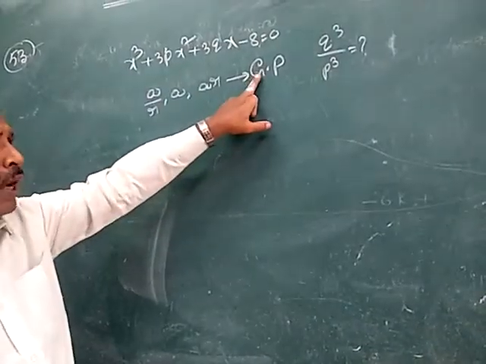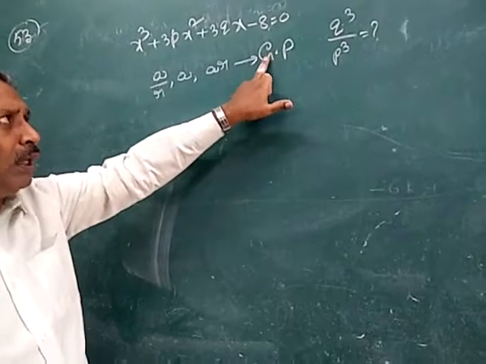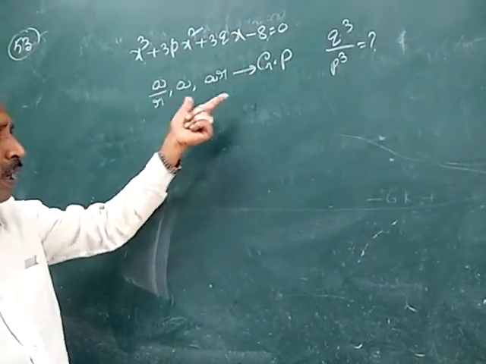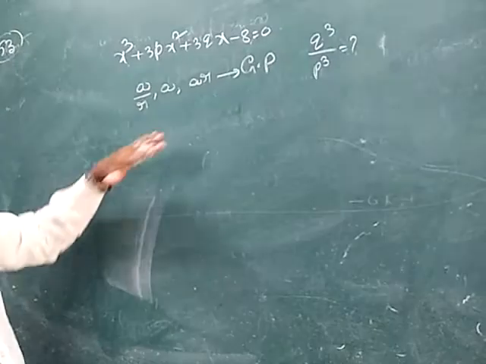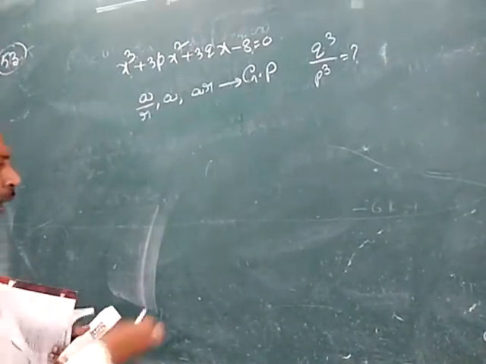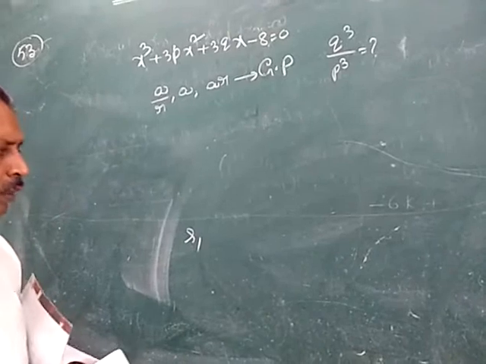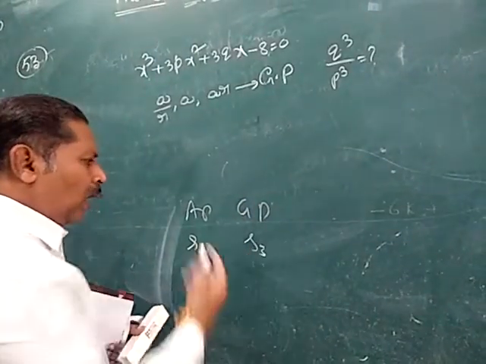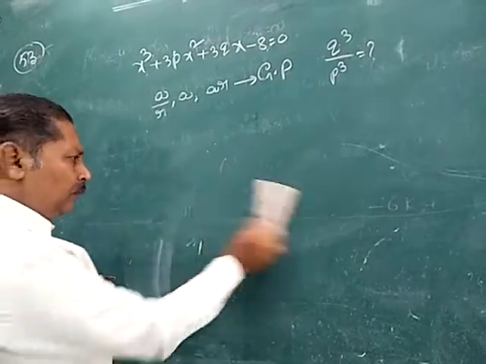When roots are in AP, take a minus d, a, a plus d. In AP, we calculate S1. In GP, we calculate S3.